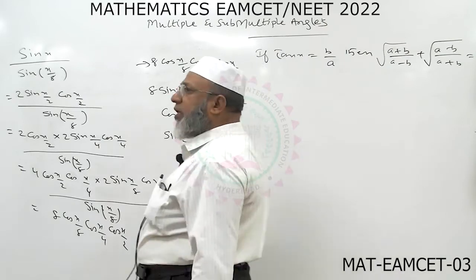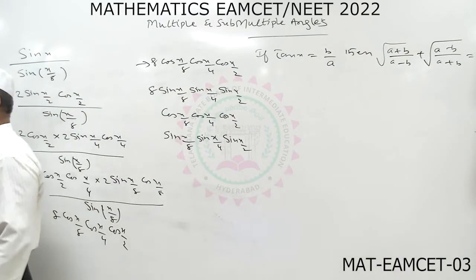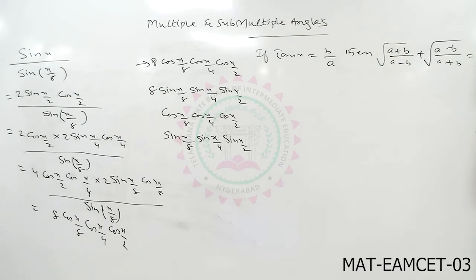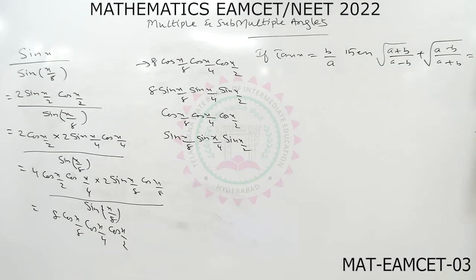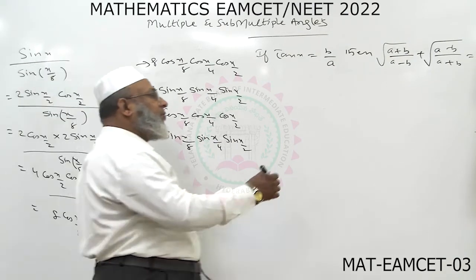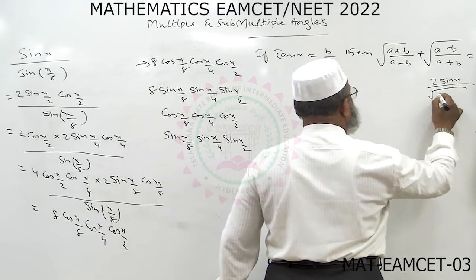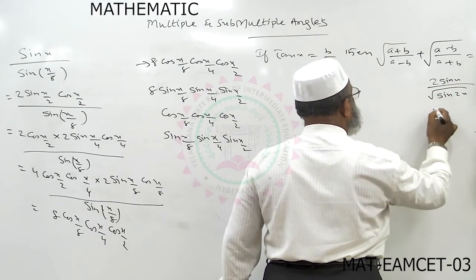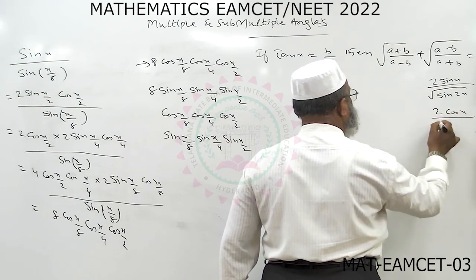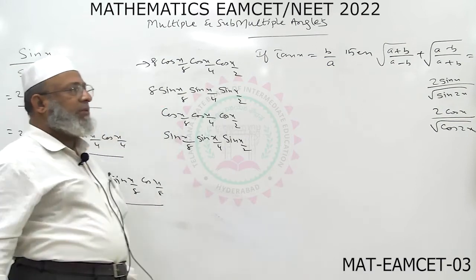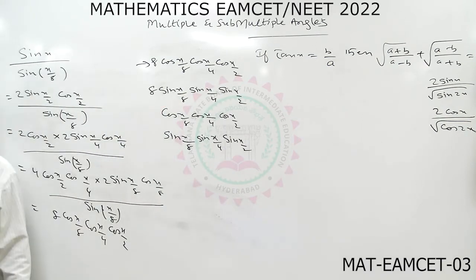the options are, write down the options. The options are, first option is 2 sin x by root sin 2x, 2 cos x by root of cos 2x.